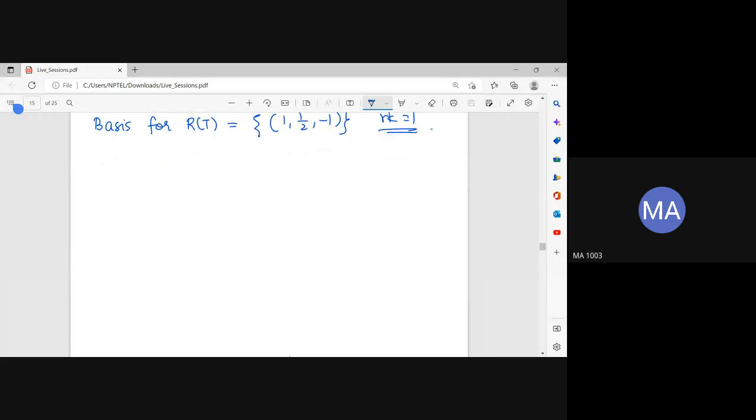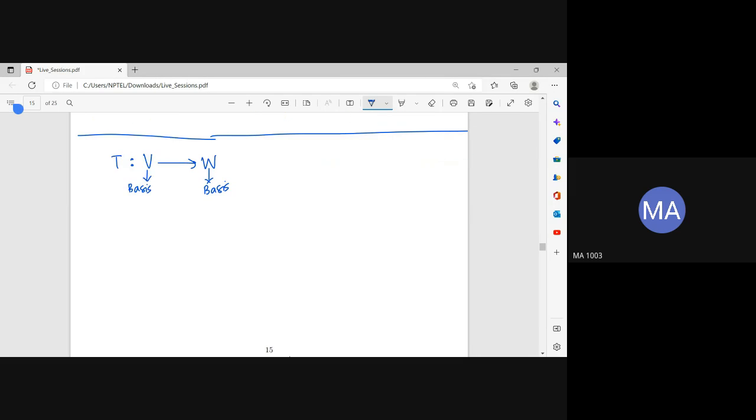Okay. So how will you find the matrix of a linear transformation? To write down the matrix of a linear transformation, the question of with respect to what basis comes into picture. You should have a basis for the domain and a basis for the codomain, and only then can you write down the matrix of a linear transformation.